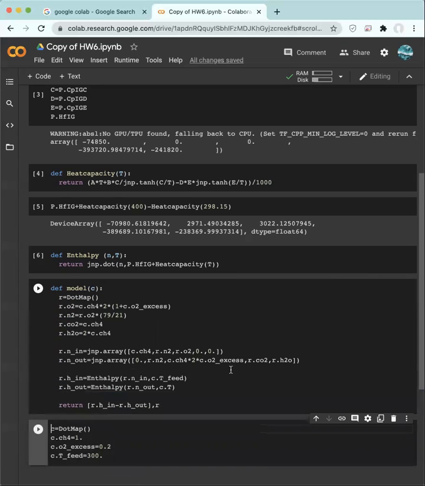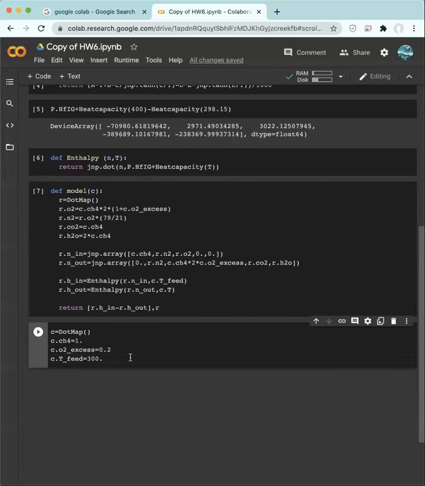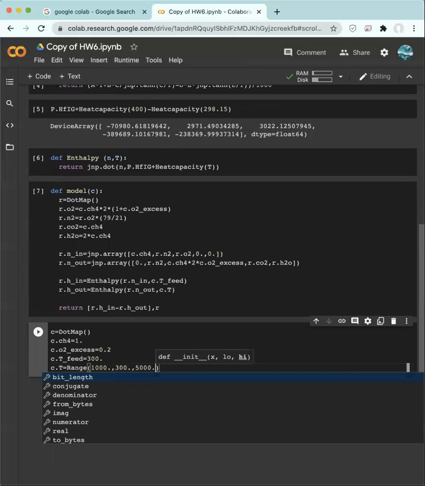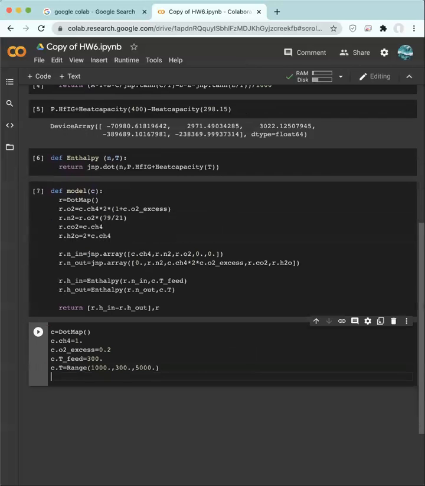And if we run this, yep, okay. And then we're going to come down here and define C dot T as a range, and this is going to be kind of a guess. So let's say we're going to do 1000 for this. Let's say the low, we're going to have 300, and let's say the high is like 5,000, you know, just a guess.